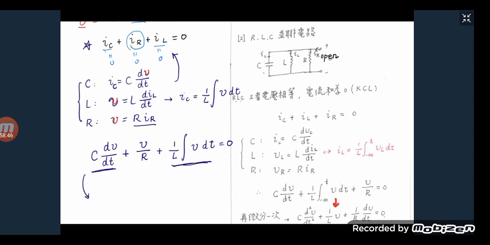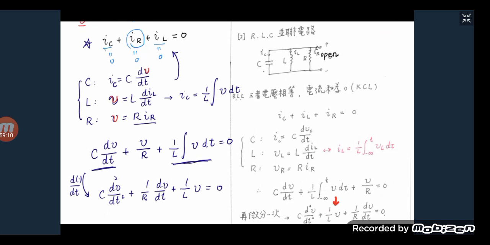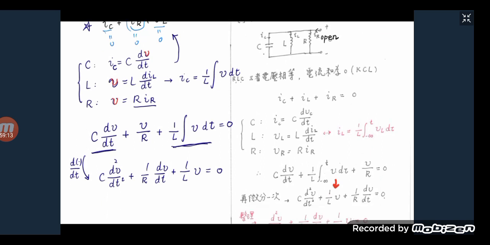But here we can take another time derivative in order to cancel the integration, so it becomes this one. So we get a second order differential equation. Even though I have to say that the operation is not always correct, but here it's correct.